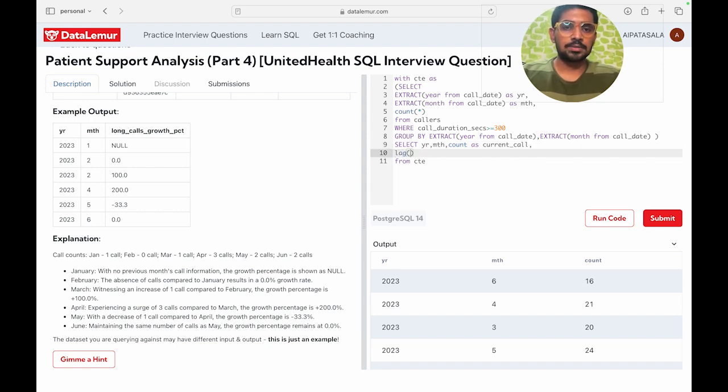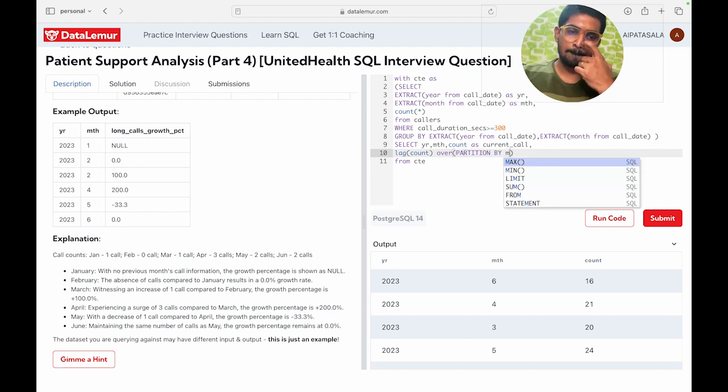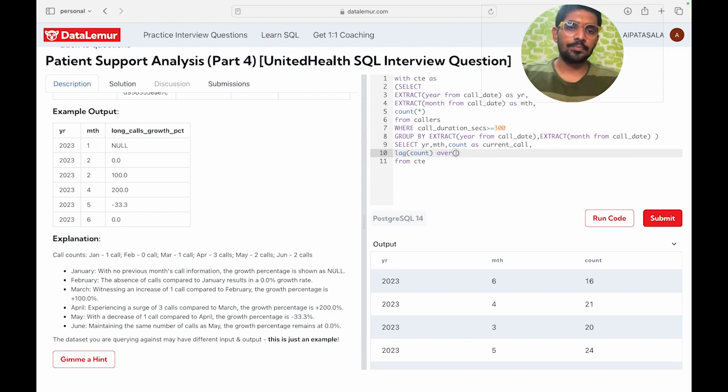lag as count over partition by month. So either we can do order by month directly because we don't need partition at all.